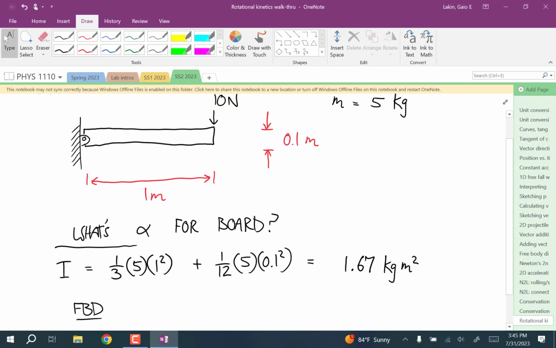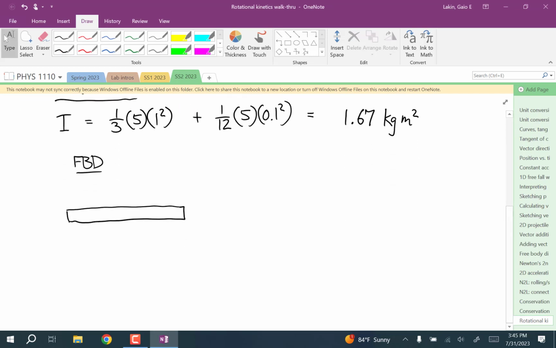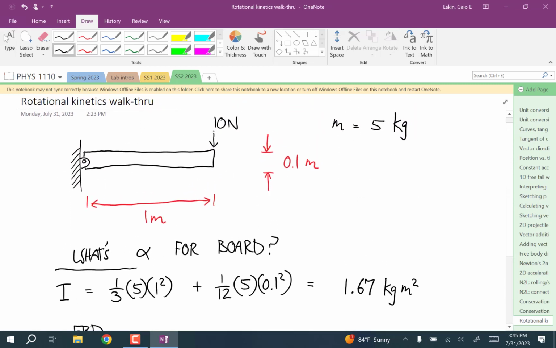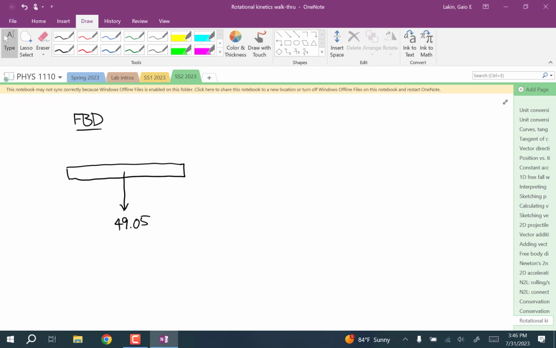Okay, well, there's a weight force that acts always at the exact middle of the object. So that's 5 times 9.81, so 49.05. There's also, we're told that there's a 10 Newton force acting here.